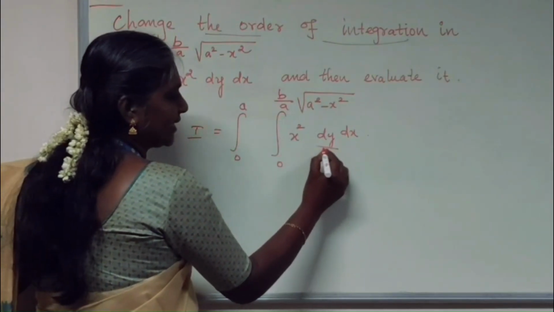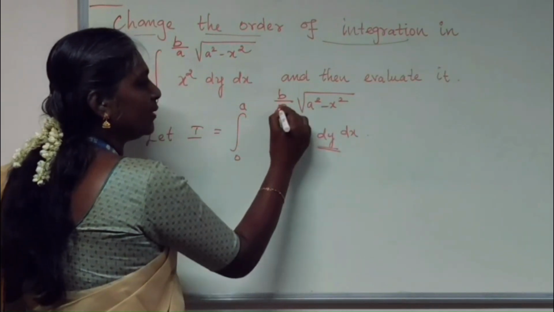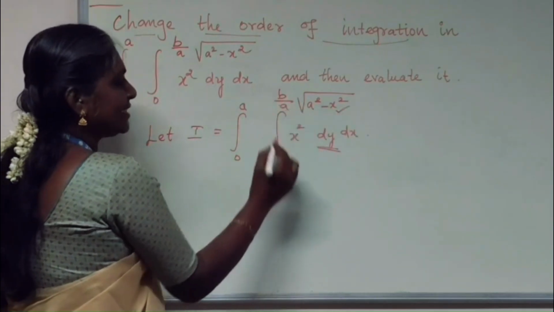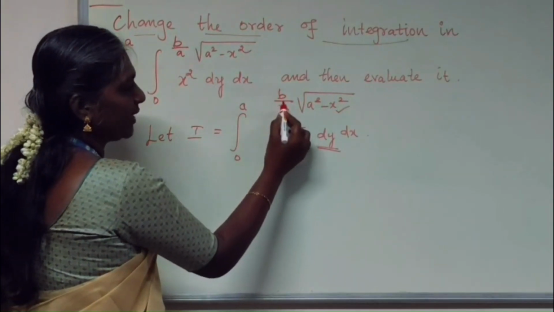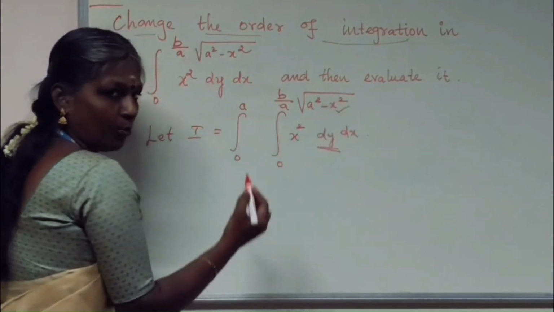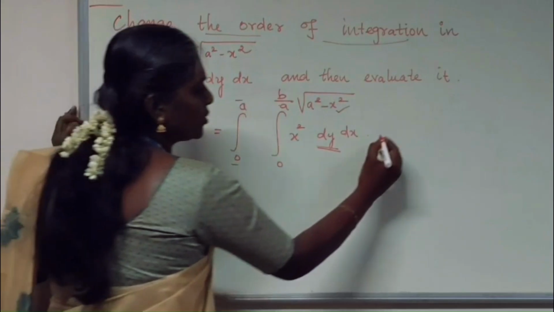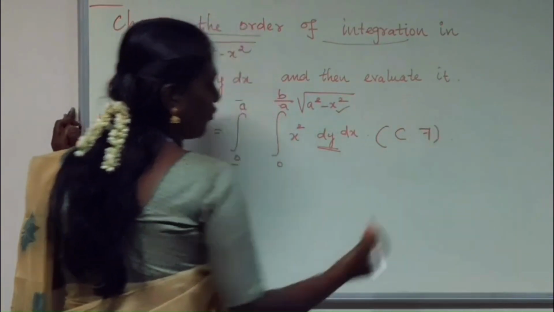See here, for the inner integration with respect to y, the limits should be in terms of x. Here, the range of y is 0 to b by a root of a squared minus x squared, which is in the form of x, and the outer limit is a constant. So easily we can say this is in the correct form.